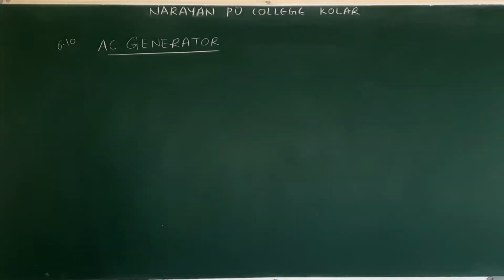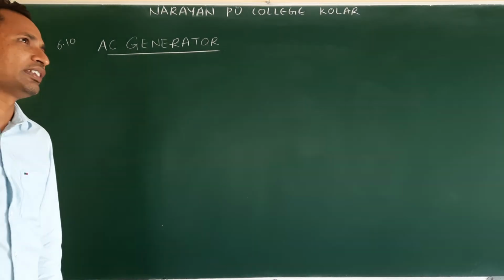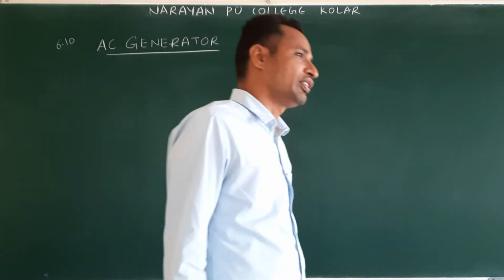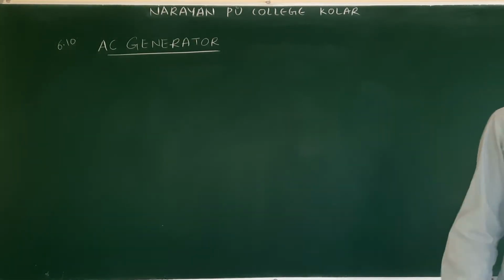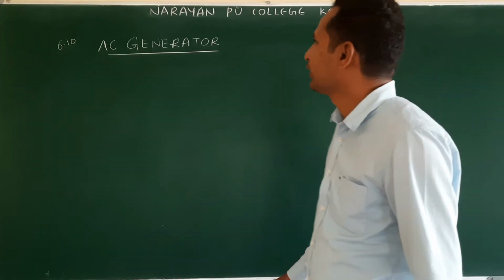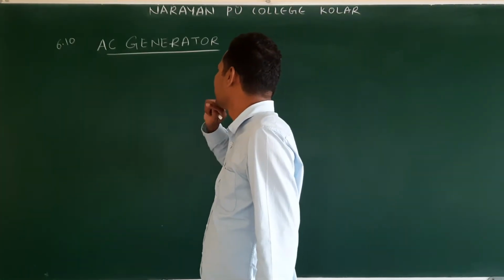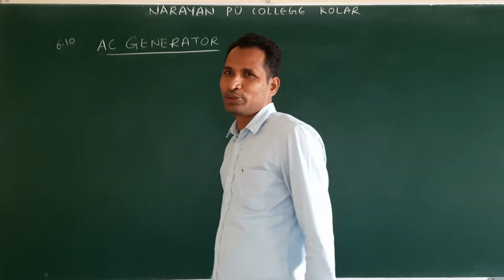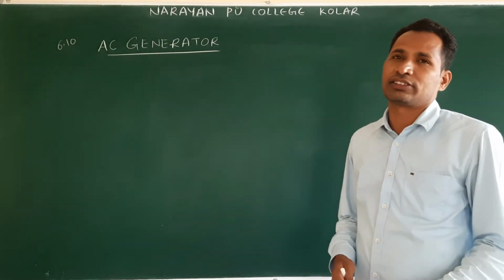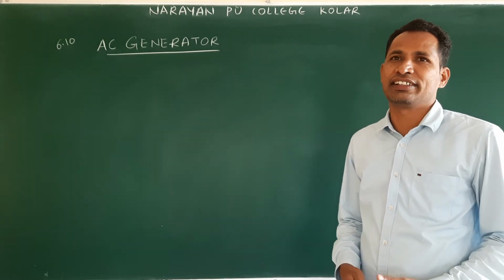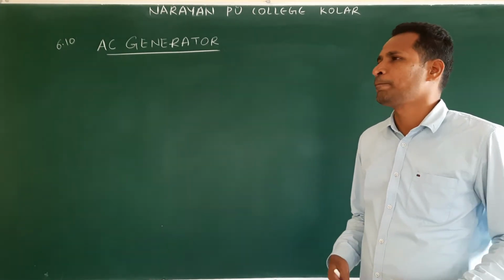Today what we are seeing is current. We use this to run the fan, fridge, TV, whatever may be, all electronics and electrical devices. Okay. Principle is very simple. And understanding the AC generator is very simple.